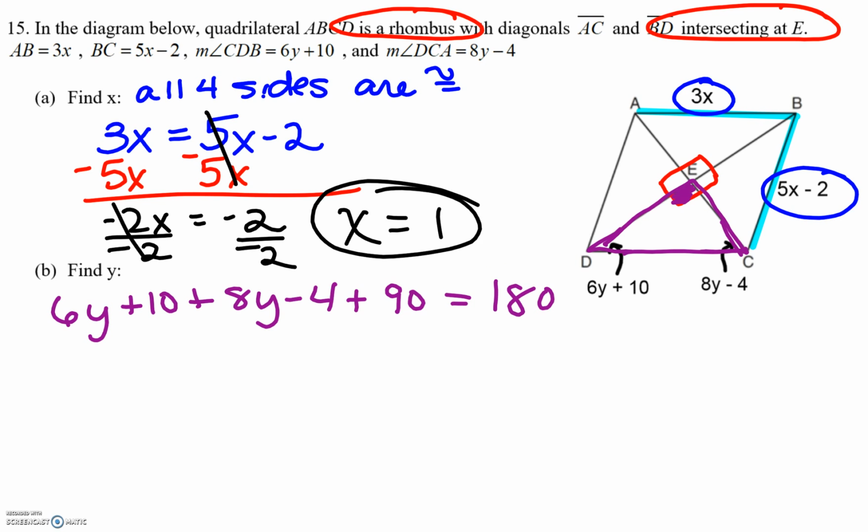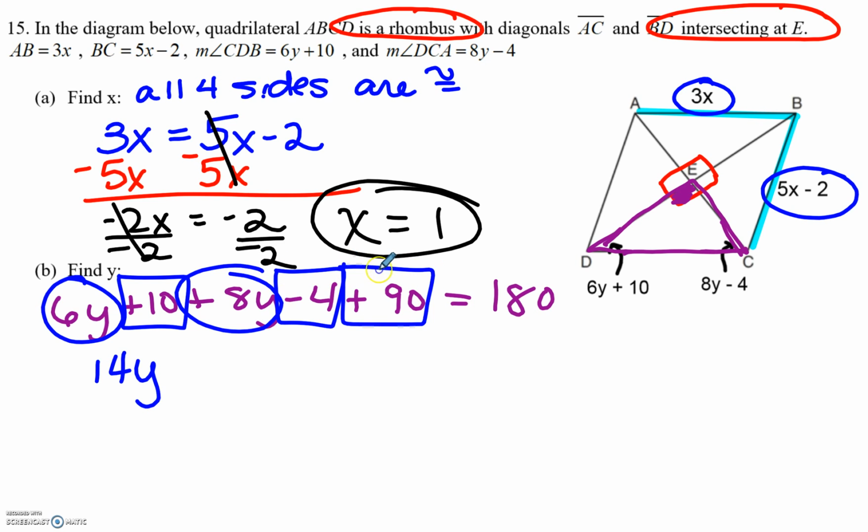On the left-hand side, we're going to combine like terms. So we have 6y and 8y, which is 14y. And then we have plus 10 minus 4 and plus 90. Whoops, hold on. 90 and 10 is 100. And then we're subtracting 4. So we still have a positive 96 equals 180.